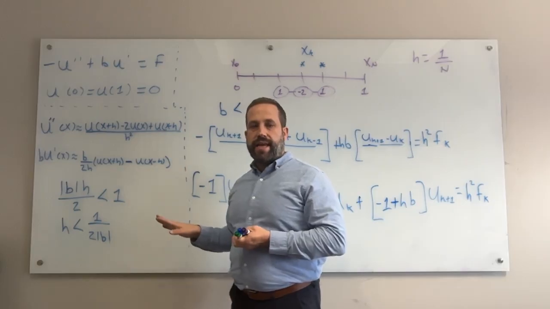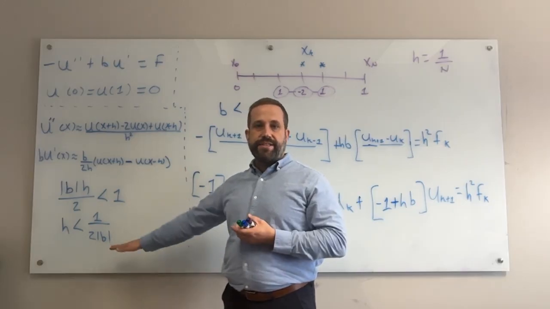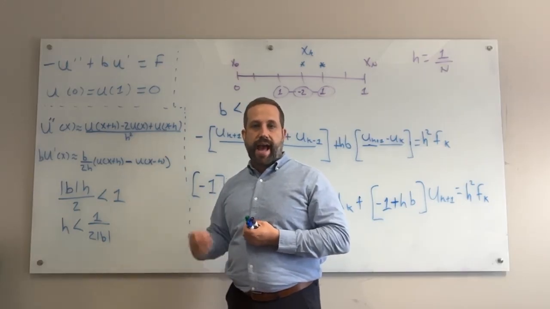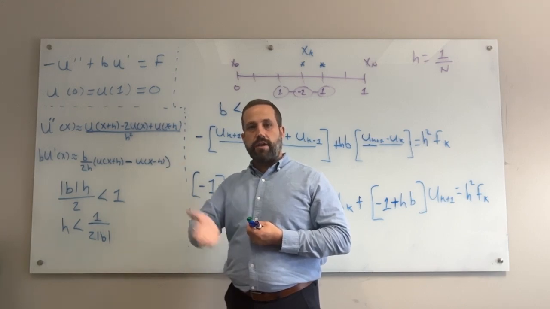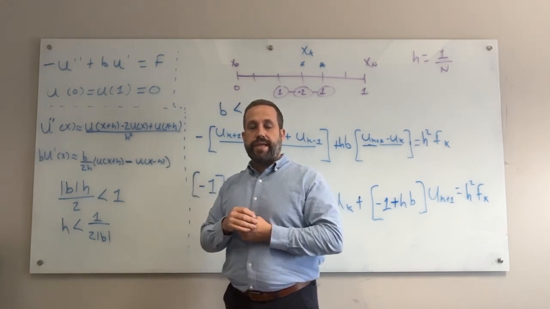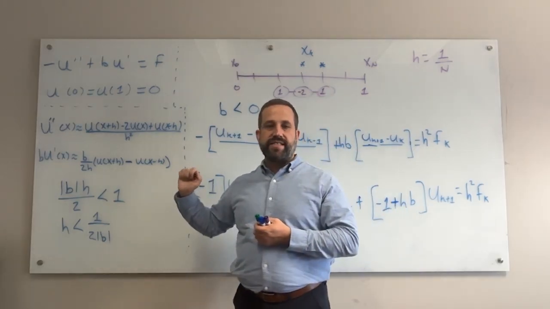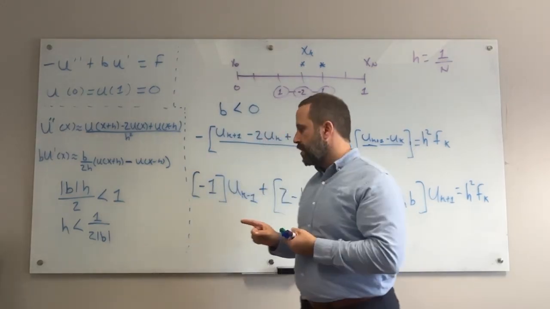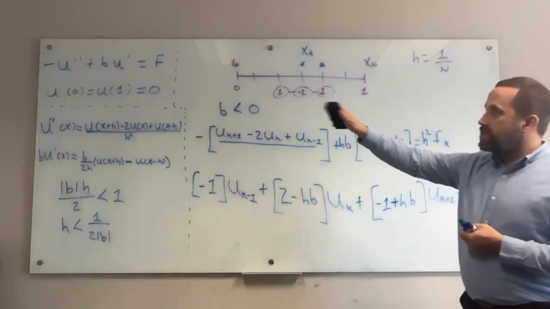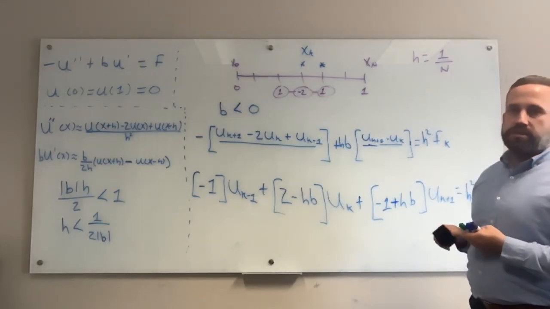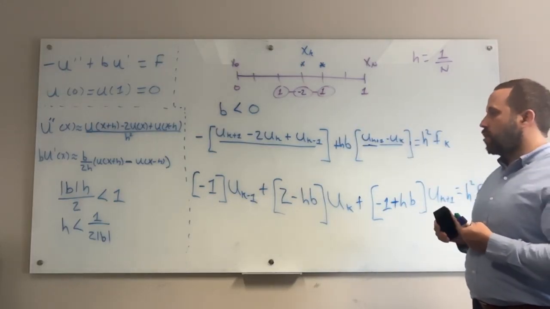The upside is that no matter what h is, we're going to have a diagonally dominant matrix where the diagonal entries are positive and the off-diagonal entries are negative. The downside is that the order of approximation is now h instead of h squared. Okay, that's if b is a constant positive number or a constant negative number, something like this is going to work.